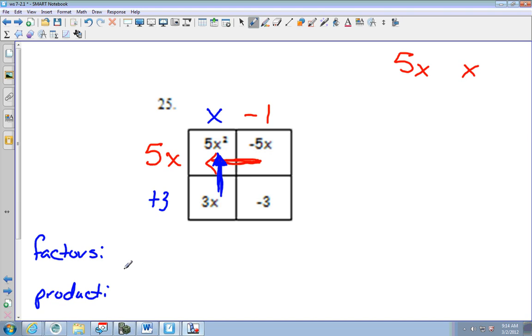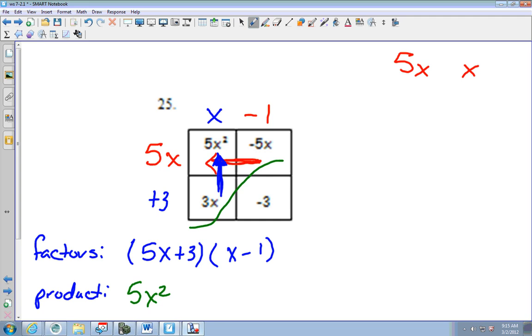My factors, 5x plus 3 and x minus 1. My product, remember that's what's in the inside, 5x squared. These go together here. Negative 2x minus 2x minus 3.